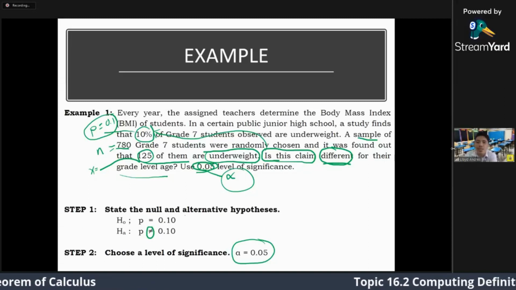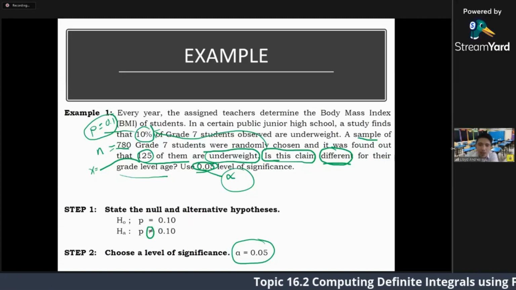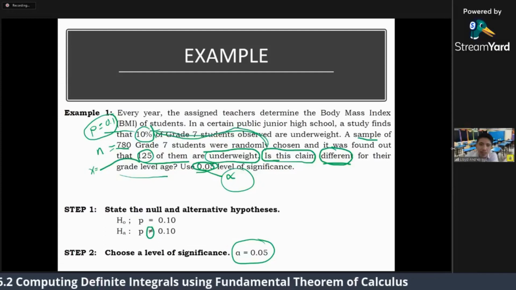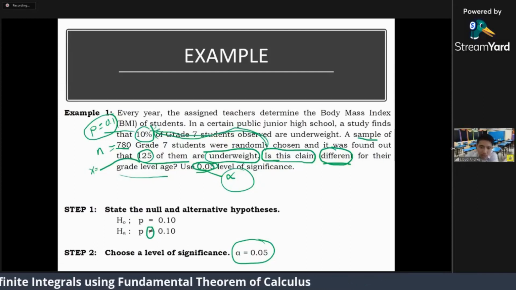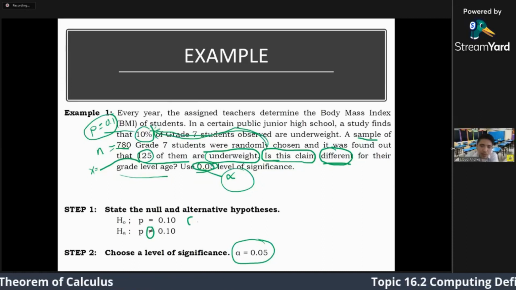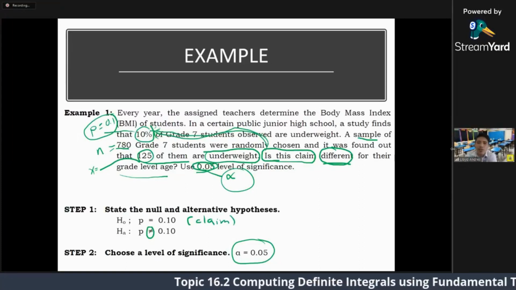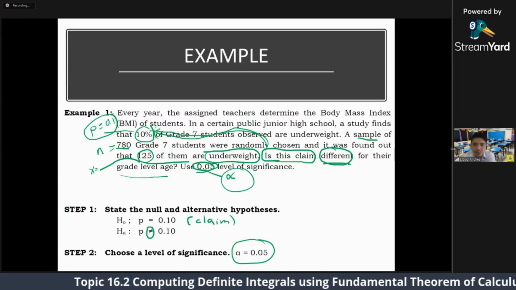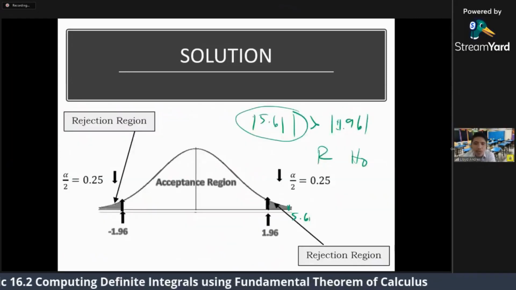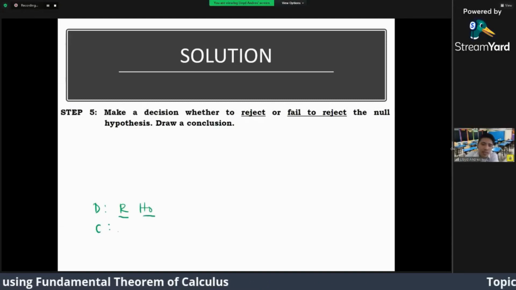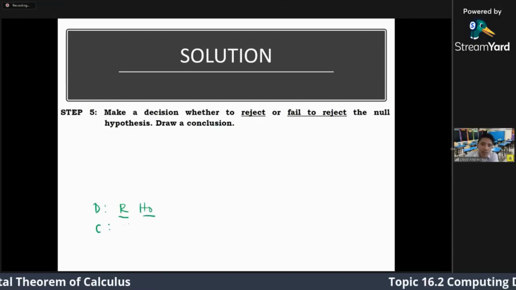You should label that there. So, our decision is to reject H0 and our claim is H0.